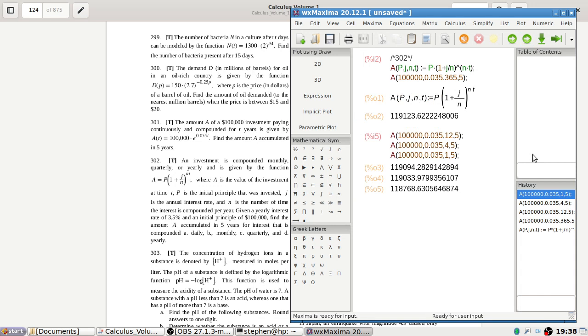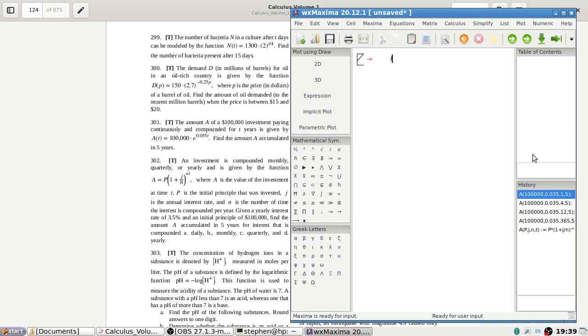I think that's right. They all should be kind of similar. Okay. These are a little bit tough. I just wish the units of T should be specified as years. I think it is, regardless of how you compound it.